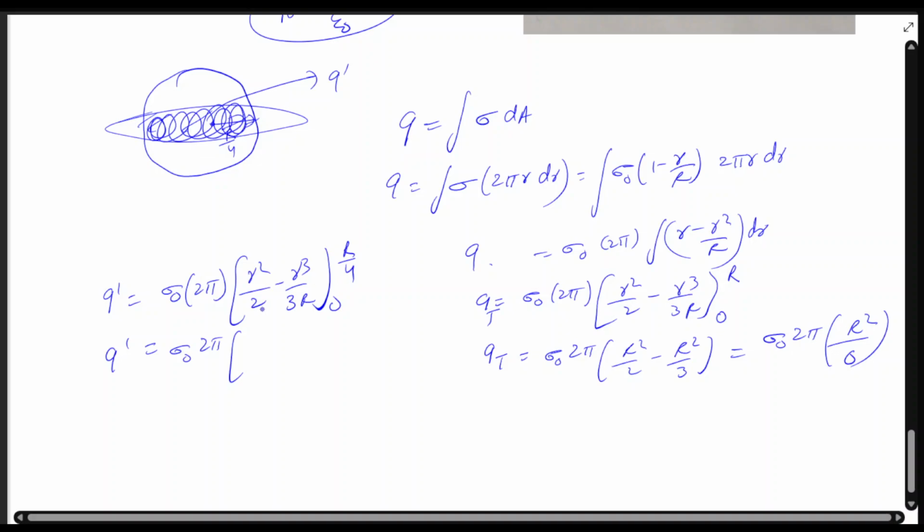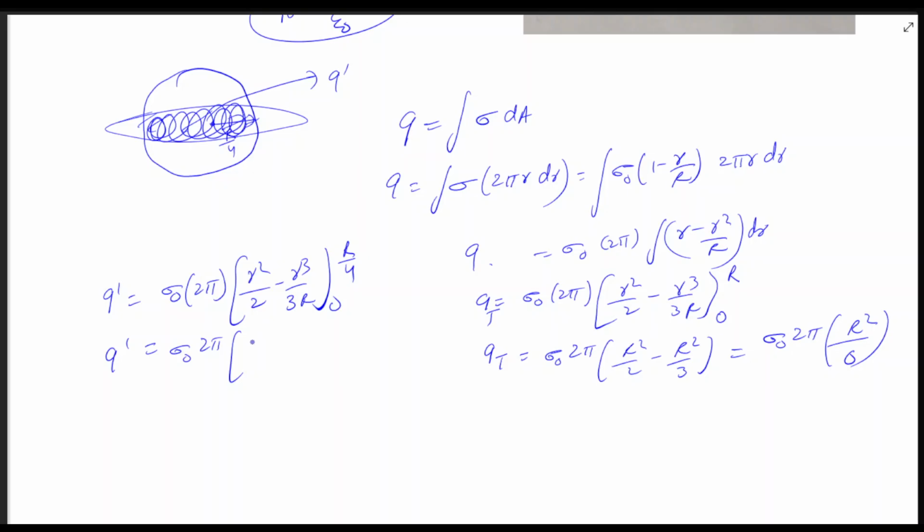So it will be 16 into. So we can take R square as common. No, don't worry. Let's just go with the flow. R square by 16 into 2, 32 minus. Okay, it will be a little bit complicated. R square by 4, 4 cube. So it will be 4 cube into 3, right?